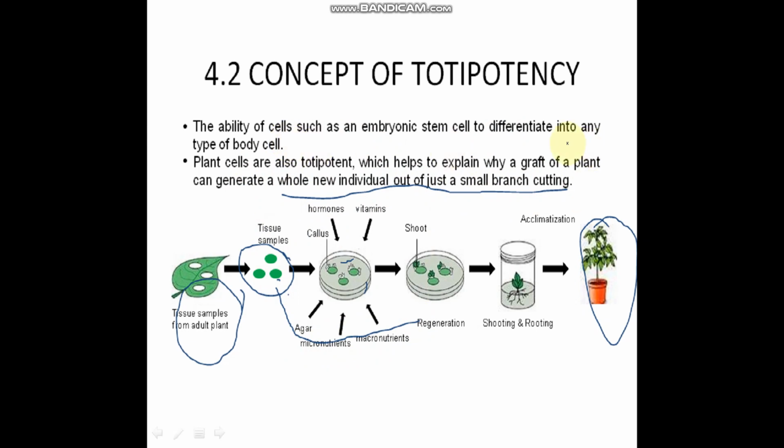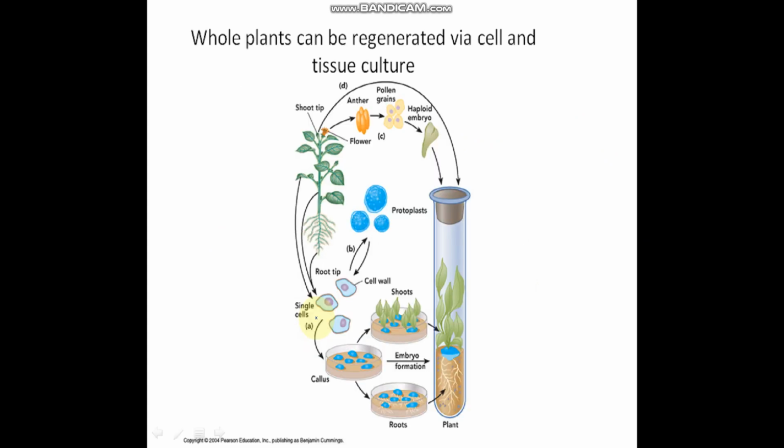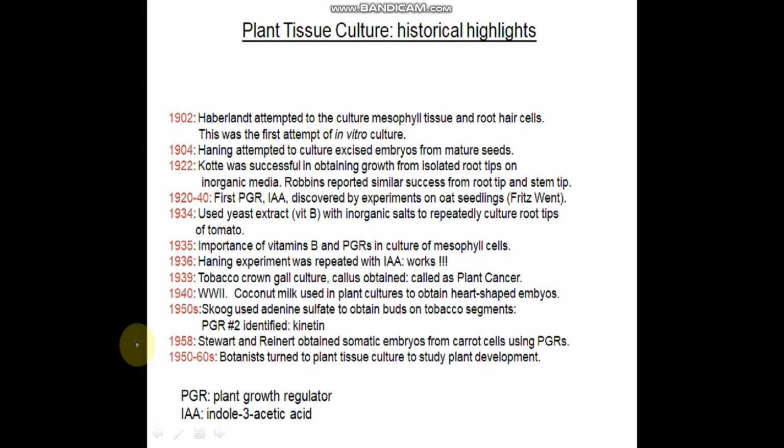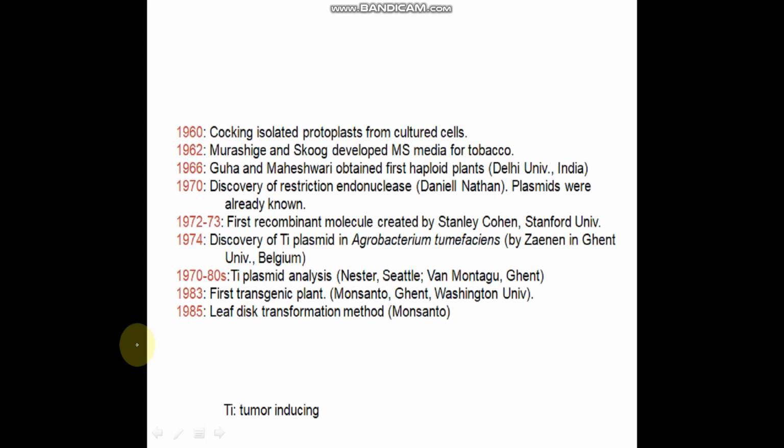So that means it has the ability to differentiate into any type of body cell. That's what totipotency is. You can get a whole plant from a root tip, single cells, or callus. So I'm going to skip that.